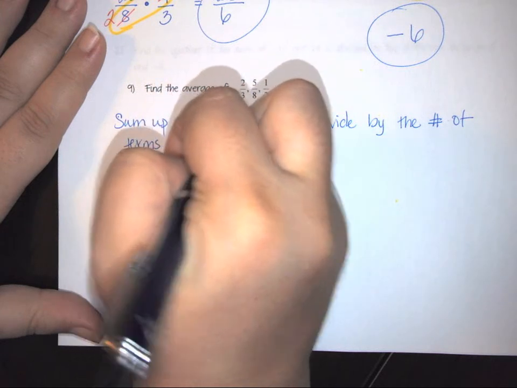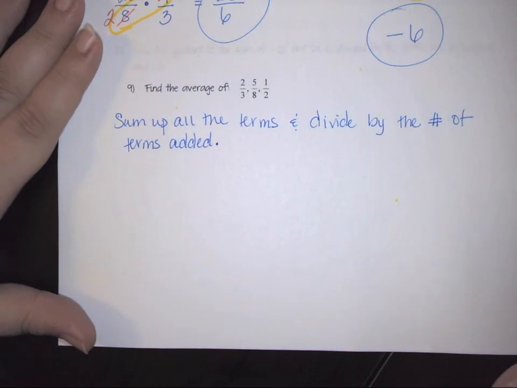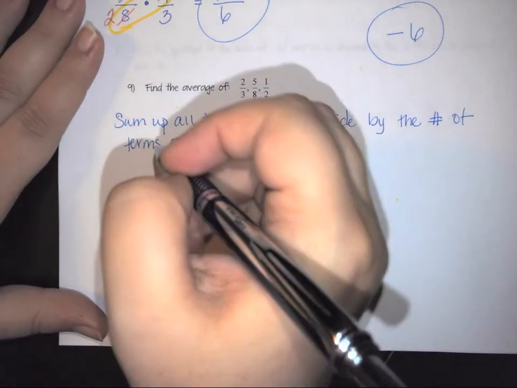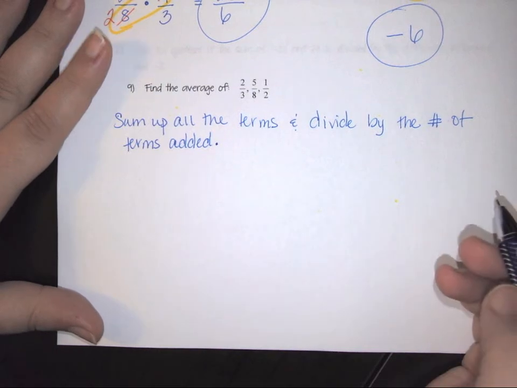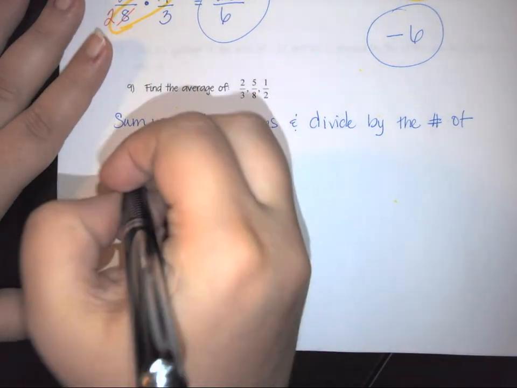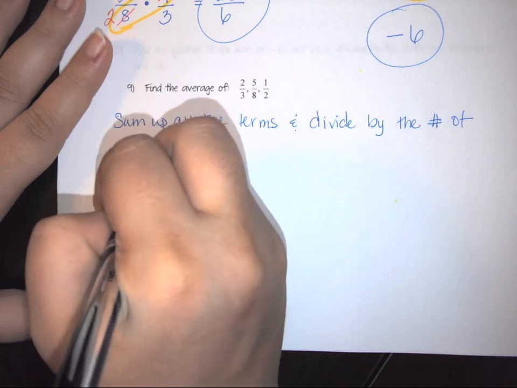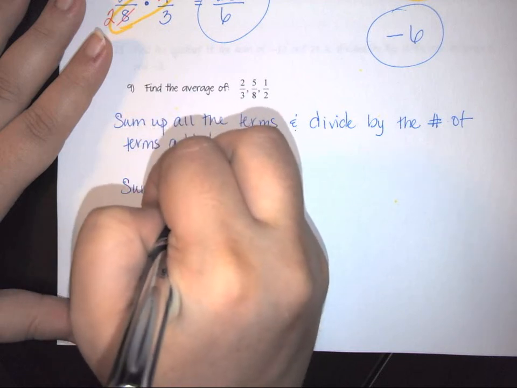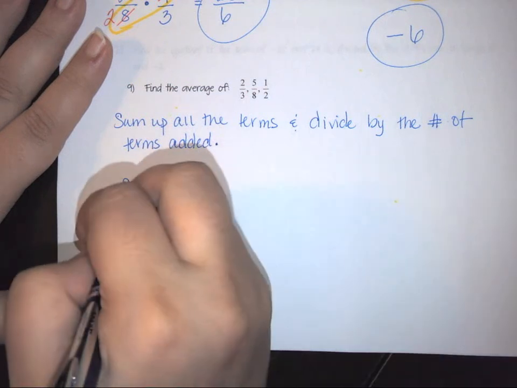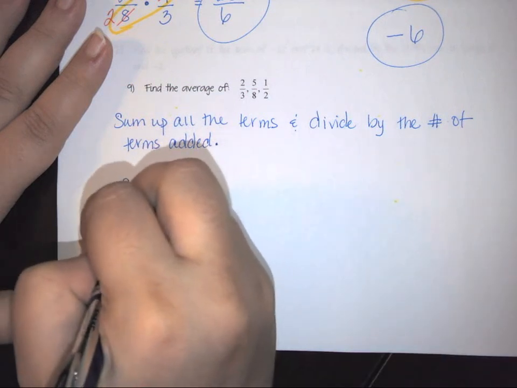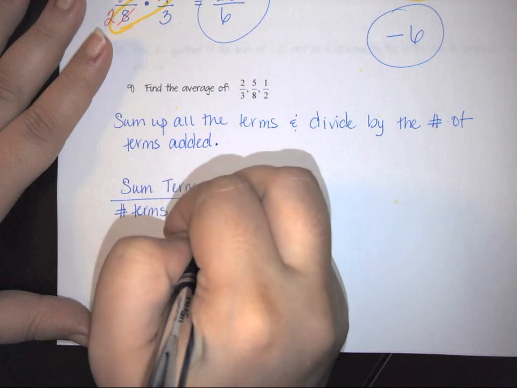So what does that mean? Well, first of all, it means I have to figure out my fraction. So I'm going to sum the terms, goes in the numerator, and then this is going to be the number of terms added in the denominator.